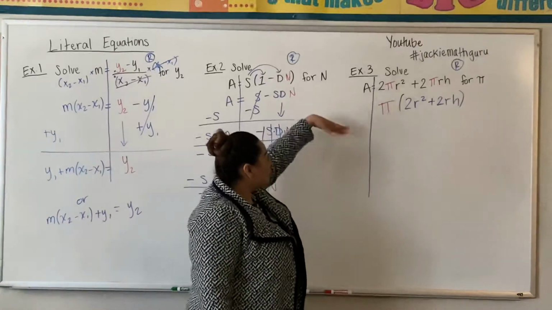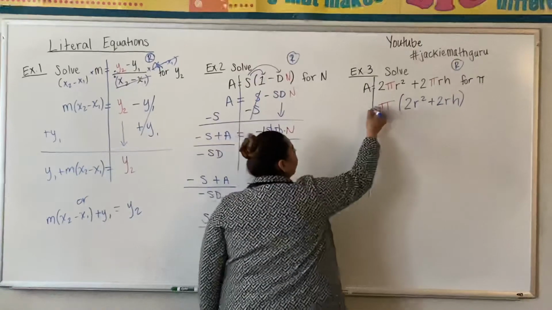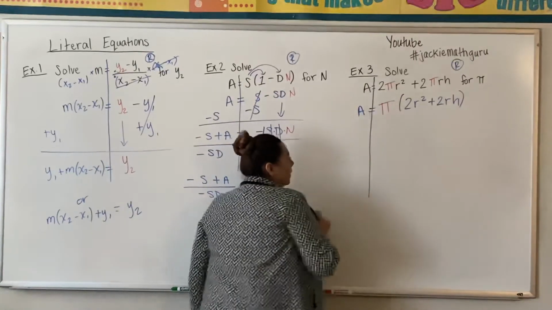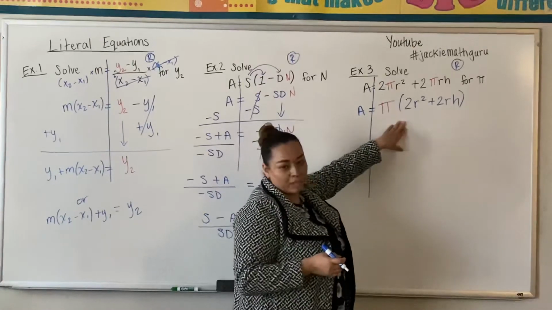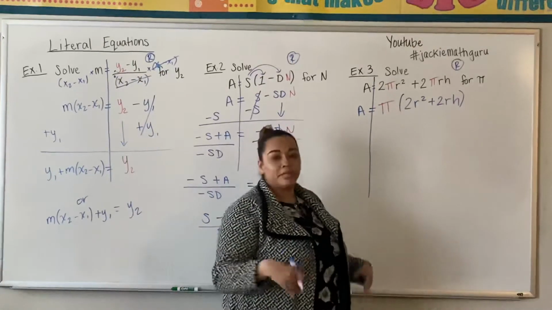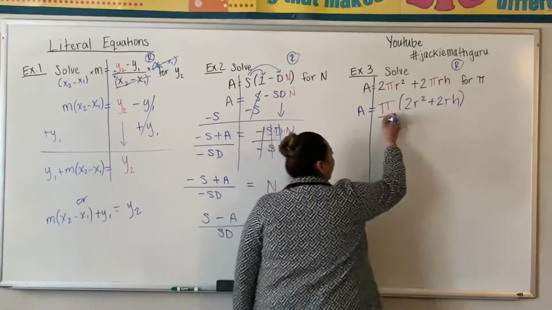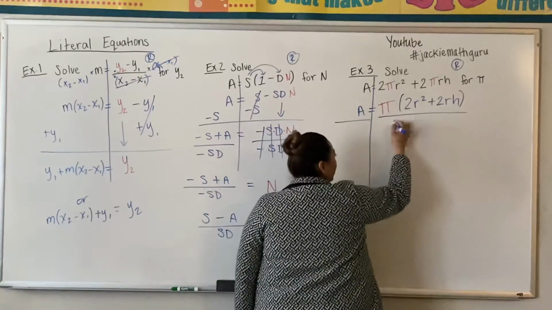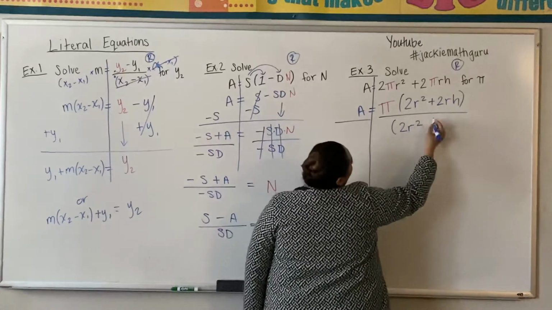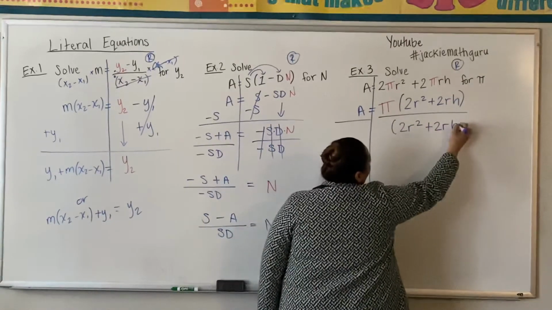On the left-hand side, we're just going to drop down the a. So equals a. From here, whenever we have parentheses, this means multiplication. Opposite of multiplication is going to be division. So we're just going to divide both sides by whatever we have inside of the parentheses. So 2r squared plus 2rh.